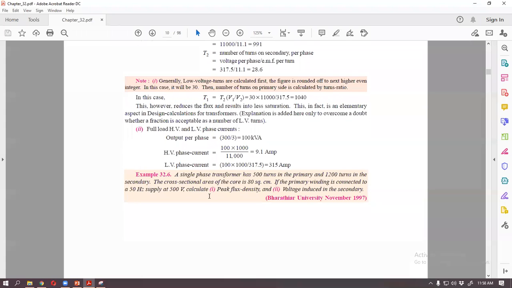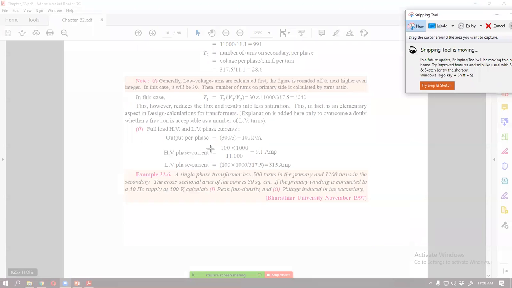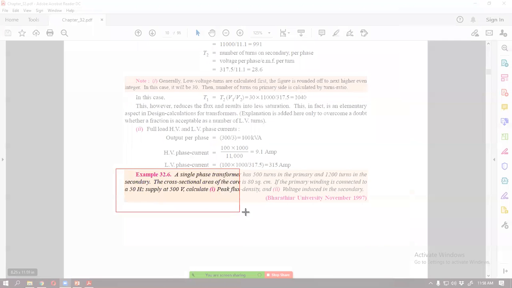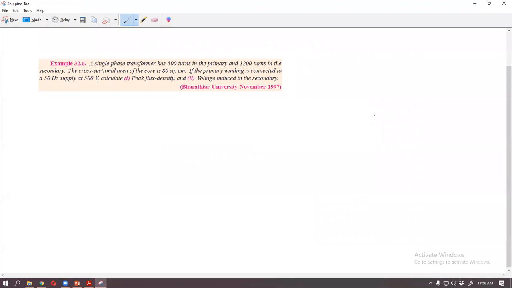Solve this question. Why not solve this question? Please solve this question.